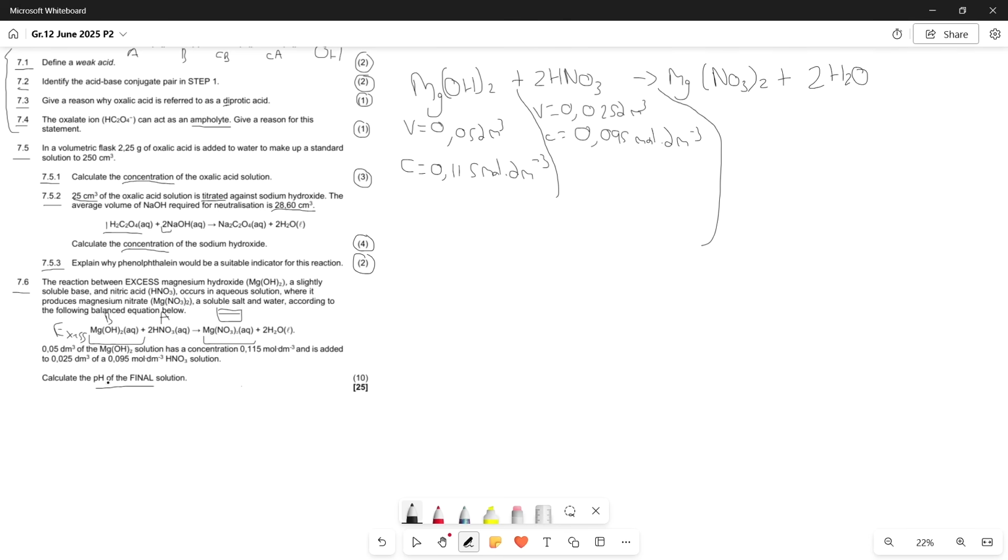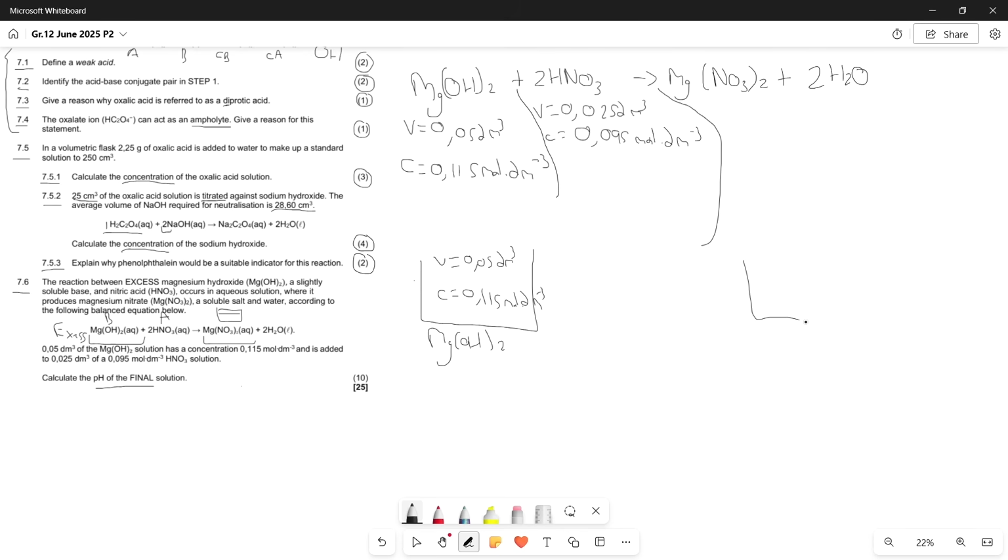And then it says calculate the pH of the final solution. So let's break this down part by part. If we go ahead and draw these two in separate beakers, before we combine them into one beaker, we will have something that looks like this. We have our Mg(OH)2 over there, our volume of 0.05 decimeters cubed, our concentration of 0.115 mol.dm^-3.